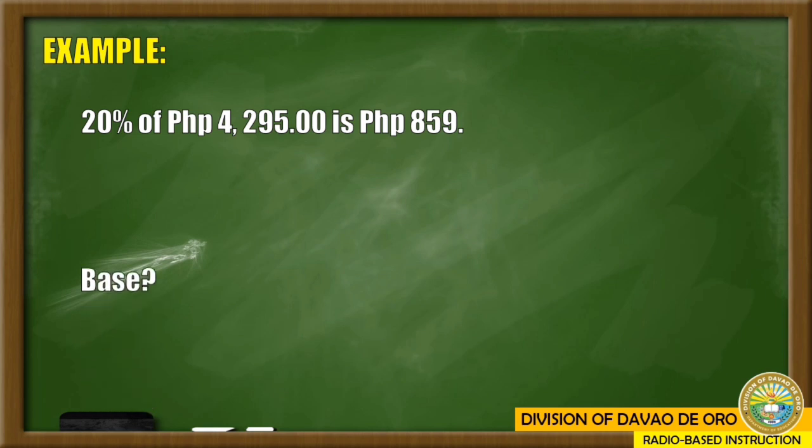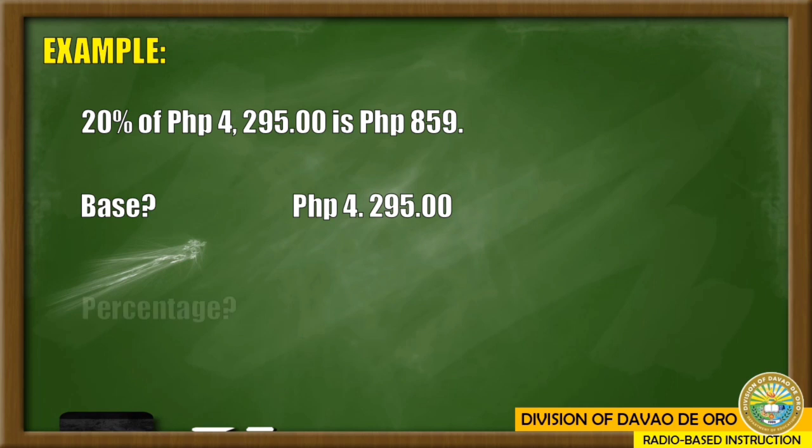Okay, let's start. What is the base? So when we say base, it's the whole or the total number. So what is our base? Very good. The 4,295. Next, what is our percentage? So when we say percentage, it is a part of a whole.